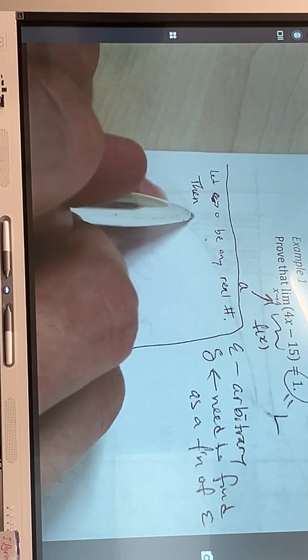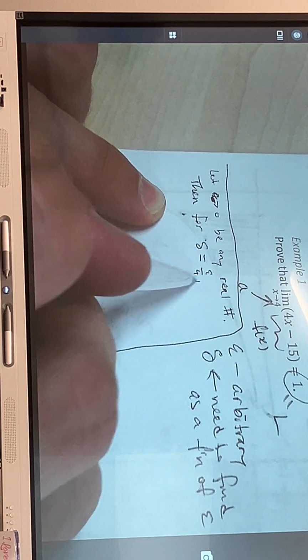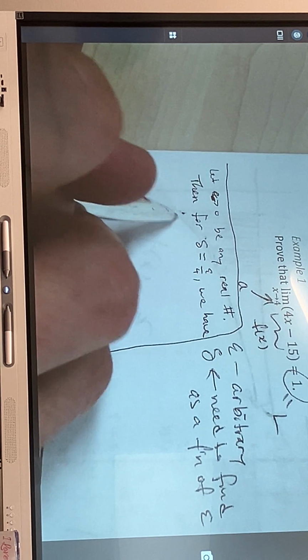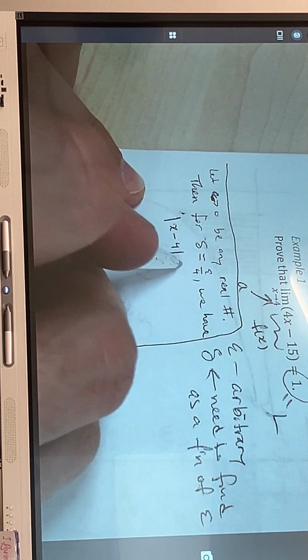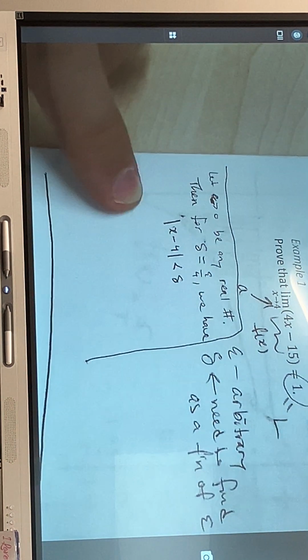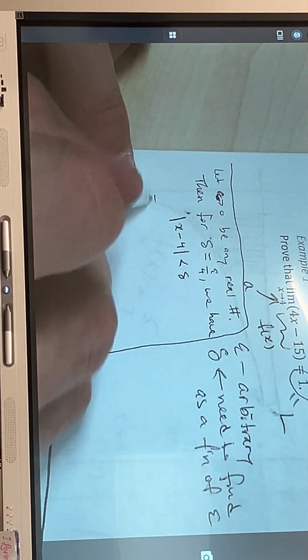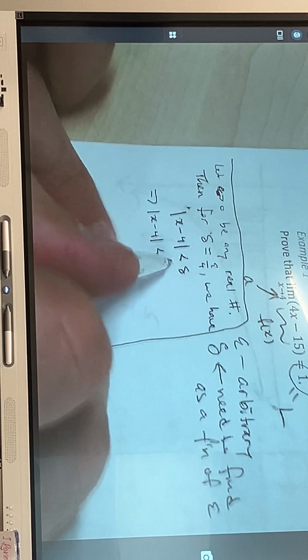We will say this one then for delta equals epsilon over 4. We have the absolute value of x minus 4 less than delta. This implies that x minus 4 is less than, we can put in our delta value, epsilon over 4.